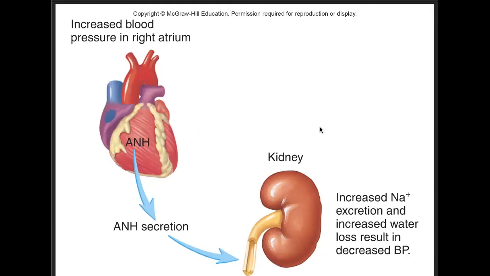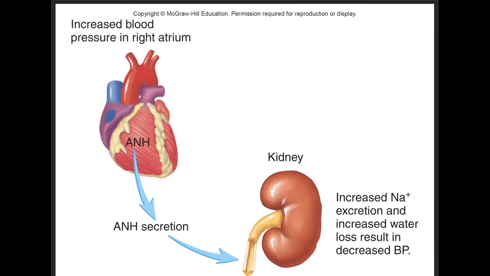How about the other hormone, your ANH? Okay, your ANH, or atrial natriuretic hormone, is coming from your heart. It is secreted from cardiac muscle in the right atrium of the heart when the blood pressure increases.